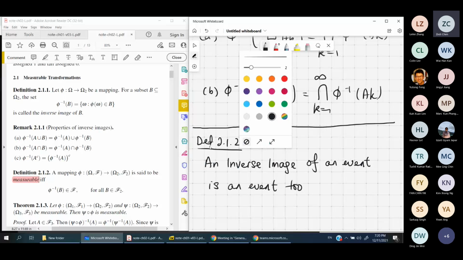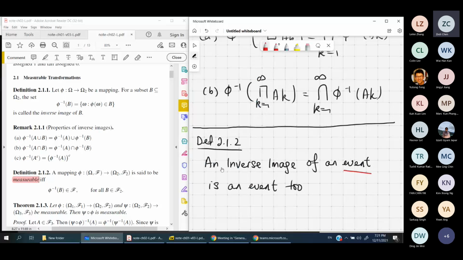First of all, we have an event. B is an event. So you take the inverse process. We have to say, the inverse image of an event is an event too under a measurable function.